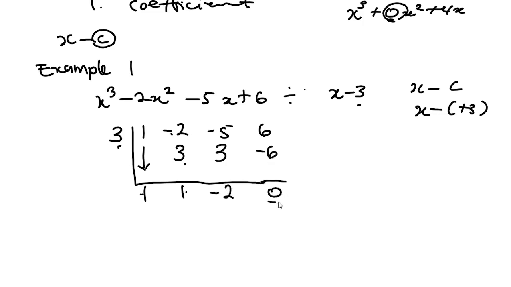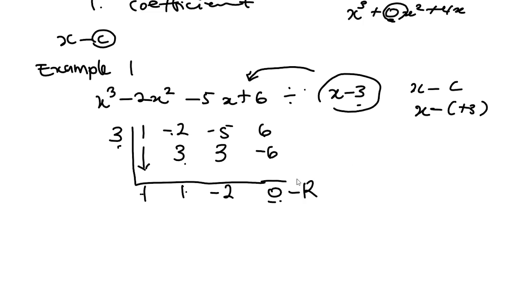So the last digit here is the remainder. Anytime you divide and get a remainder of 0, it means that this divisor is a factor of the polynomial given.